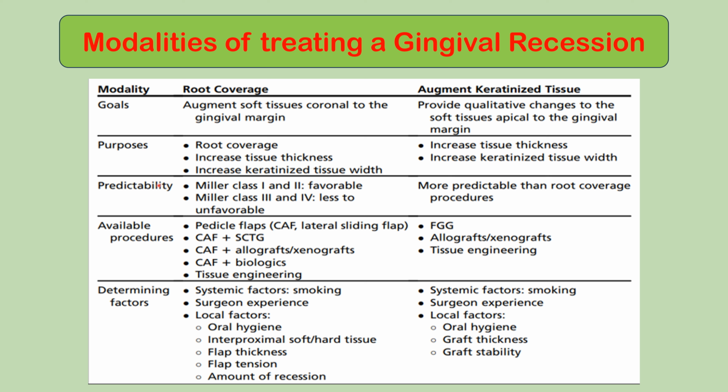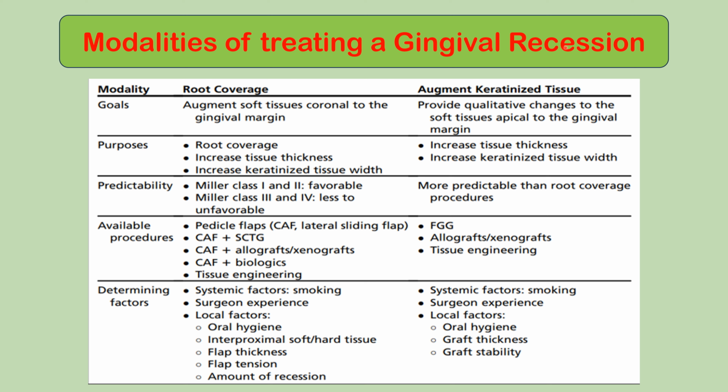The available procedures for root coverage are pedicle flaps, coronally advanced flap along with subepithelial connective tissue graft, coronally advanced flap and allografts or xenograft, and coronally advanced flap along with biologics and tissue engineering procedures. It is mainly used in Miller class 1 and class 2.